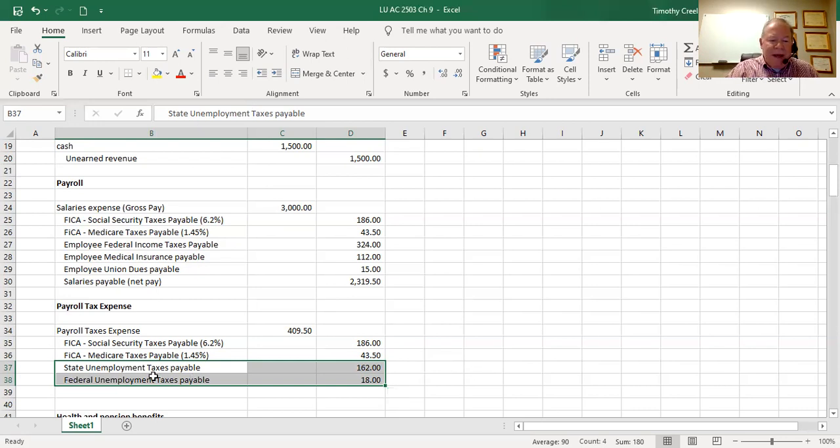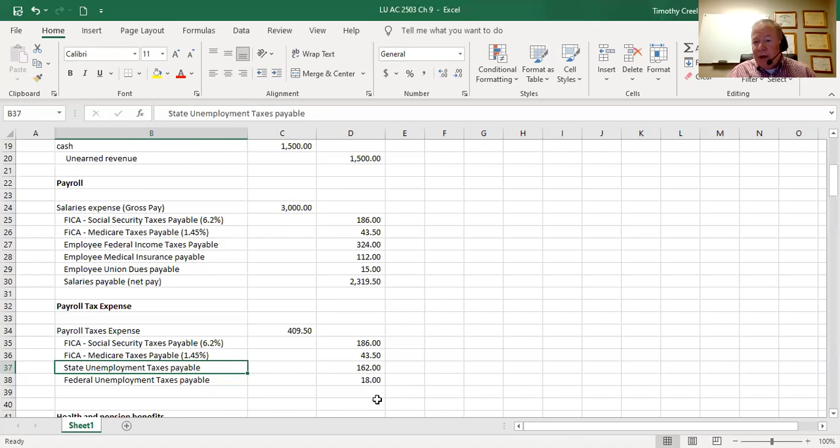Typically, the rate you'll see is that companies have to pay 5.4% of the first $7,000 that all their employees earn to the state, and then they have to pay 0.6% of the first $7,000 that their employees earn to the federal government for overseeing the program.